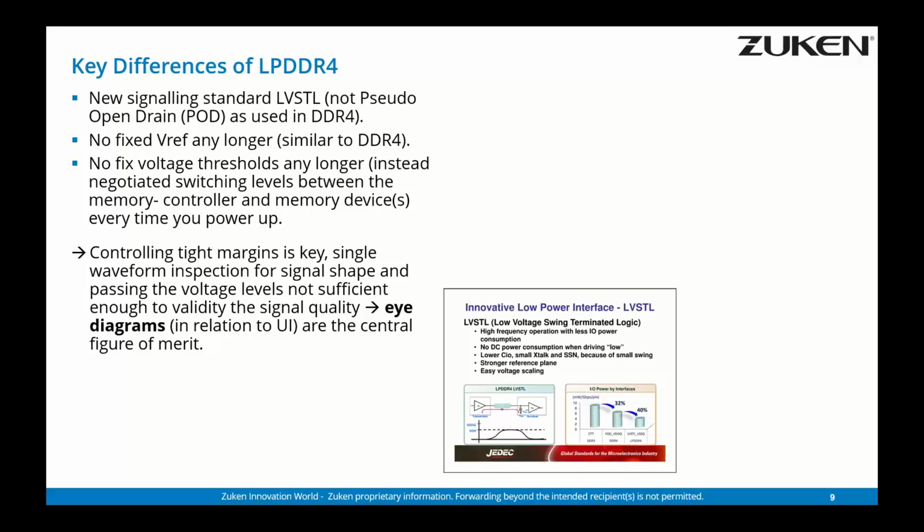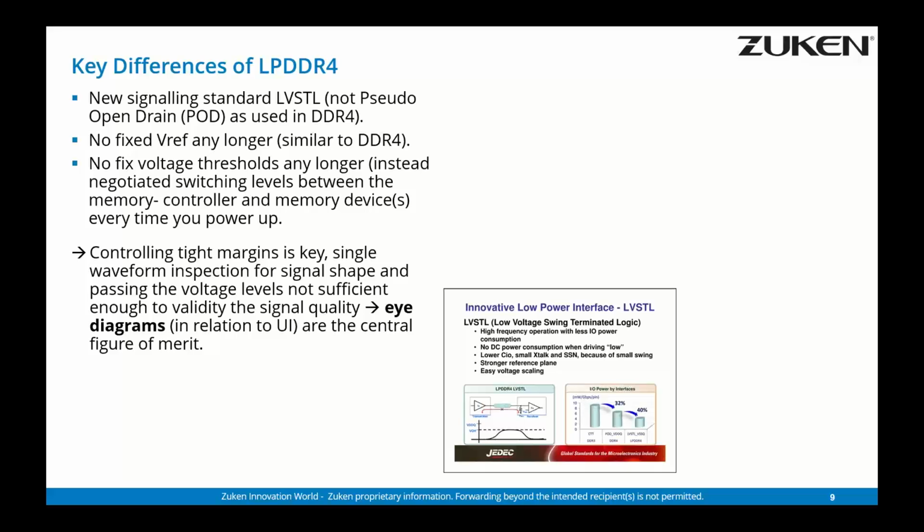Instead of that, the memory controller and the memory devices do negotiate the switching levels during powering up. So that's a kind of boot up sequence, and then the memory controller and the memory device know at what level a logical 1 or logical 0 will occur.